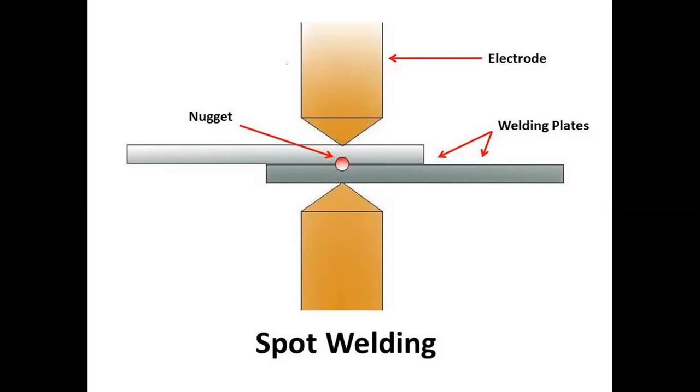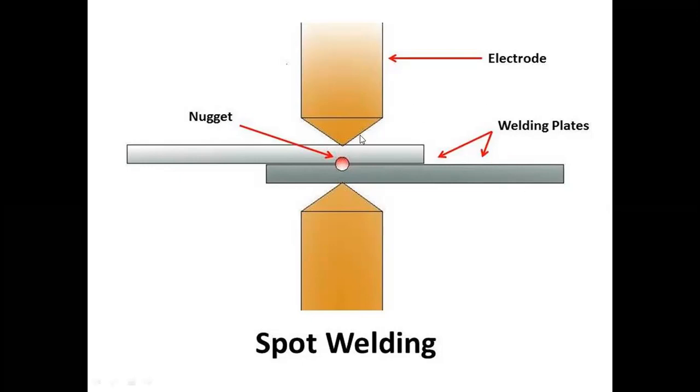Somewhere it is asked what type of current is applied for the spot joining. In spot welding, or spot resistance welding, we generally apply AC current, because we are using a transformer, so in this case we are using AC current.